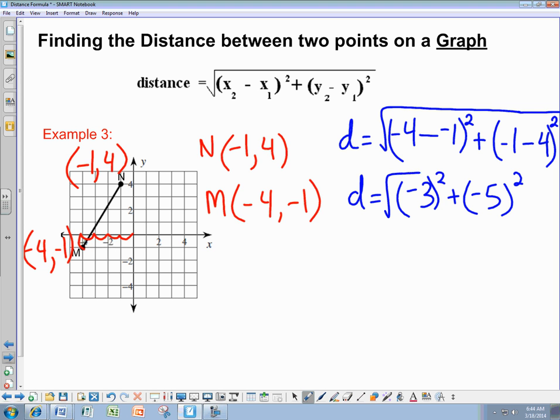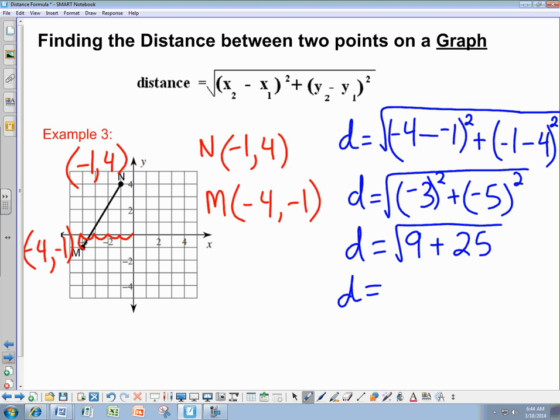And all this is still square rooted. Negative 3 squared is just 9. Negative 5 squared is 25. We're going to add those together and then square root it.